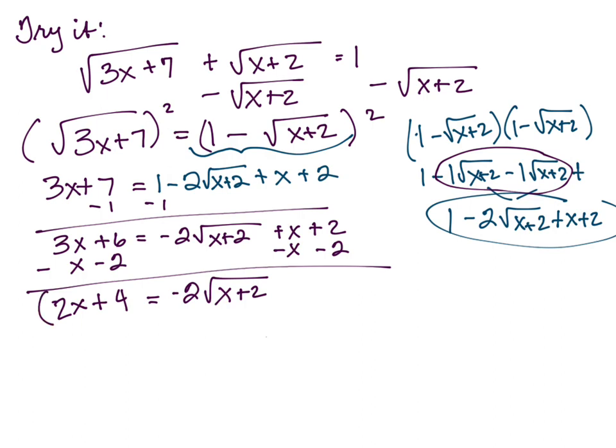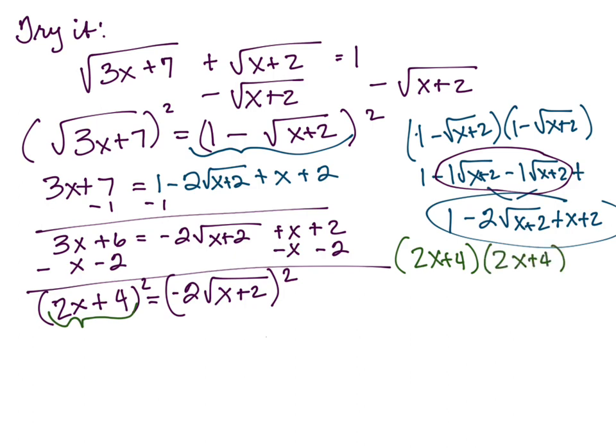Square both sides. Because now I've isolated the other radical, right? So when I square this business, this 2x plus 4, I multiply it times itself. So 2x plus 4 times 2x plus 4.